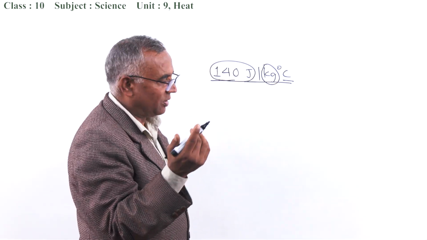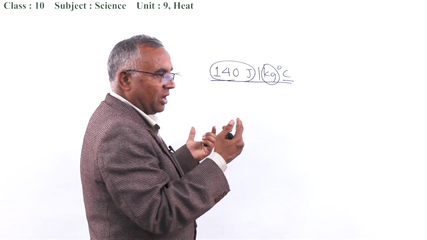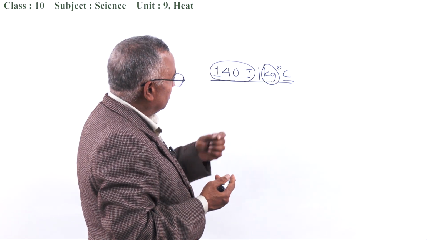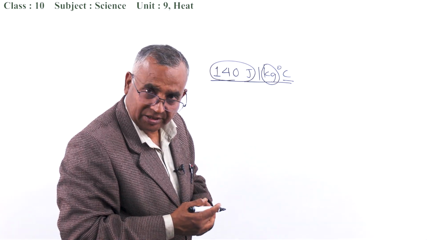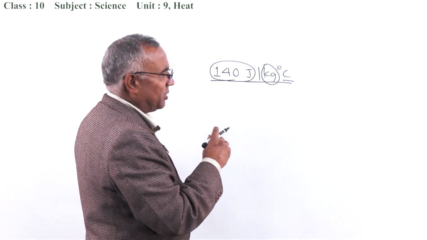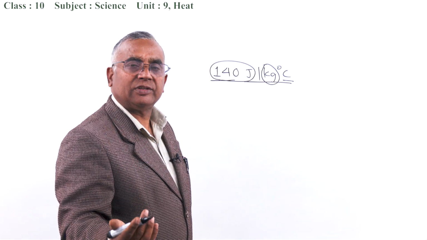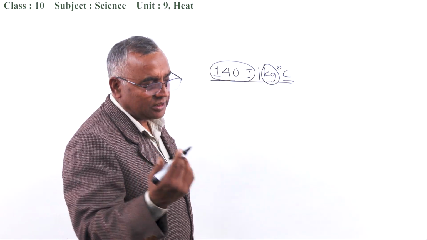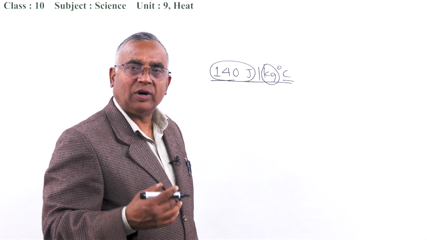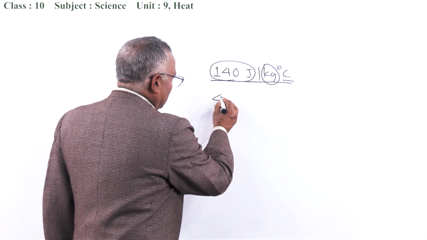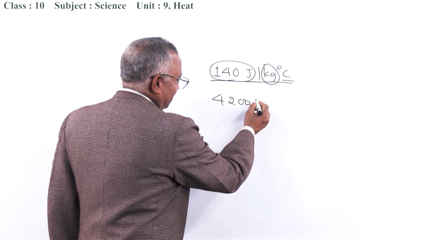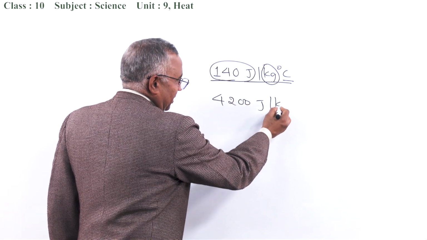Same thing we have done in that definition of specific heat capacity, isn't it? So, that thing you have to mention. Similarly, about other substances you can explain. What is meant by specific heat capacity of water is 4200 joule per kg degree Celsius?